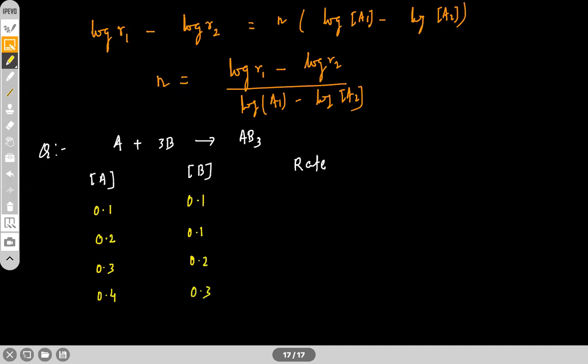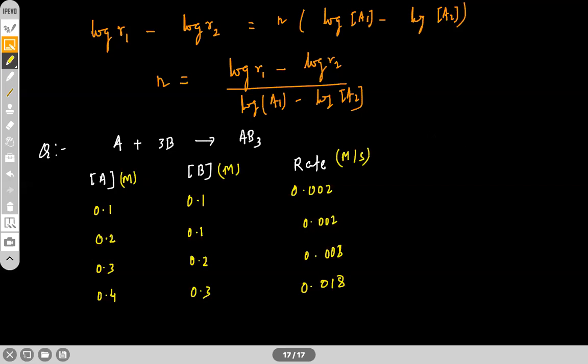With this data, the rate is observed as 0.002, 0.002, 0.008, 0.018. The unit of rate is molar per second, and the concentrations are in molar. Find out the rate law.